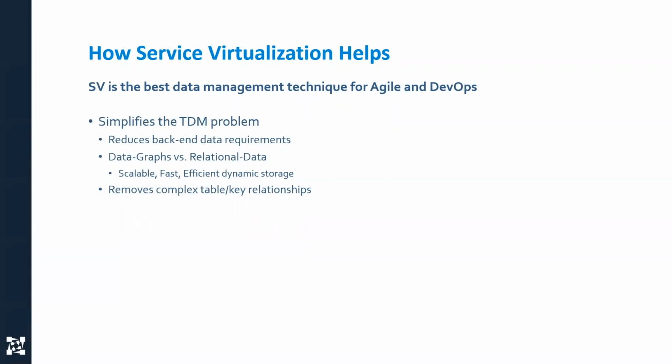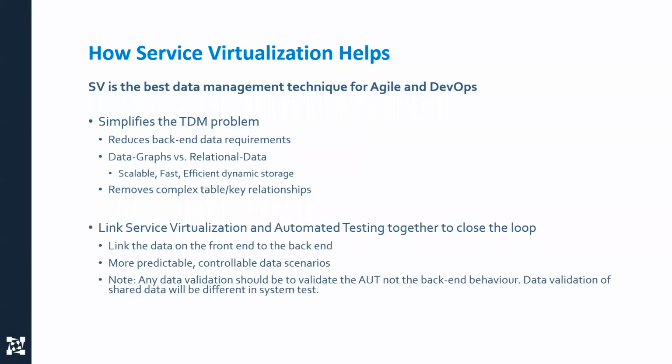The data in a virtual service is much faster, scalable, easy to store, easy to archive, because you can take different snapshots of it and store it in an easy to load and reload way. And it removes the complexity of the different relationships.